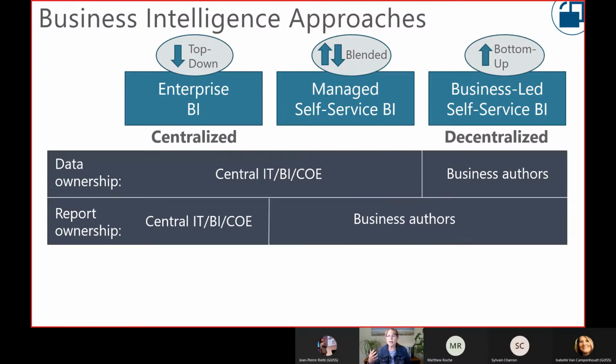That really has a big trustworthiness implication, because as we move to the right of this page, we have so many more people involved with regard to publishing content. And it's worth saying that just because it's enterprise BI centrally driven content does not fundamentally make it more trustworthy, but usually it is because there are processes in place to handle more rigorous testing, more carefully controlled change management, things like that.